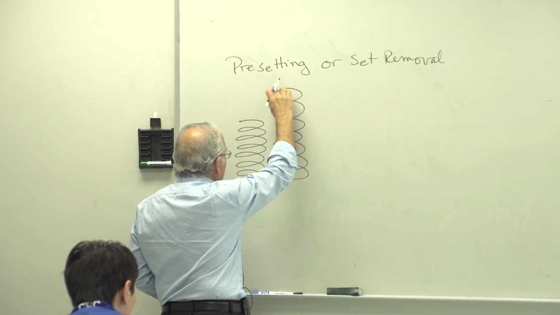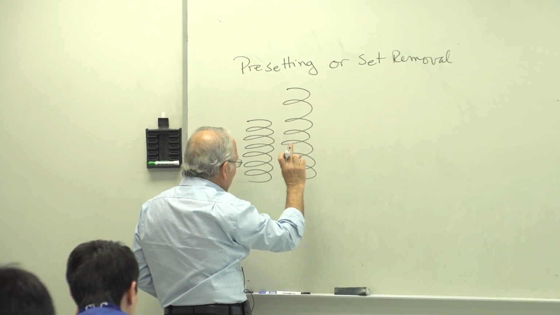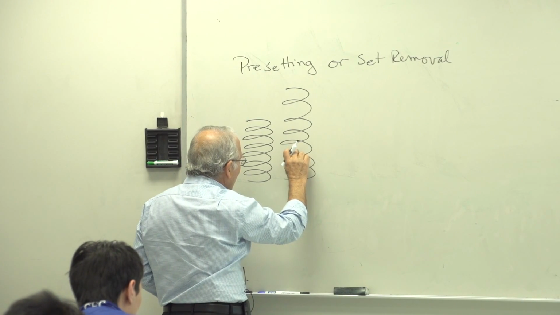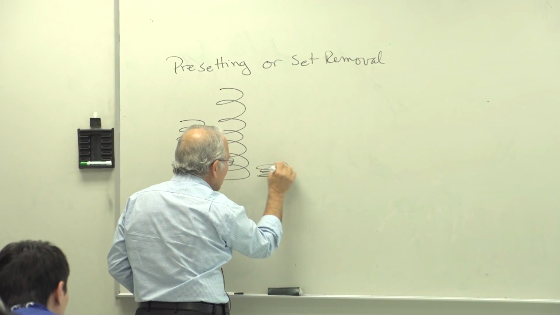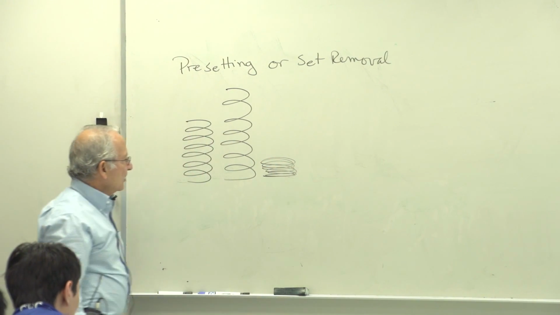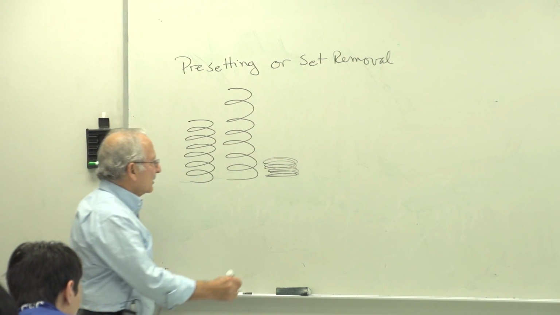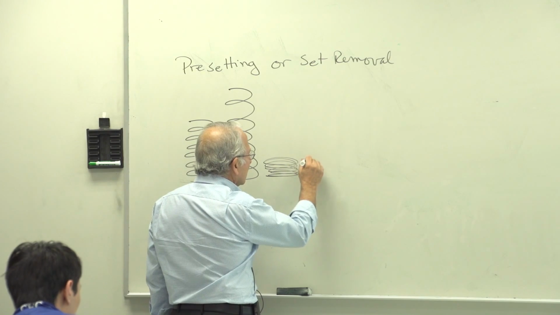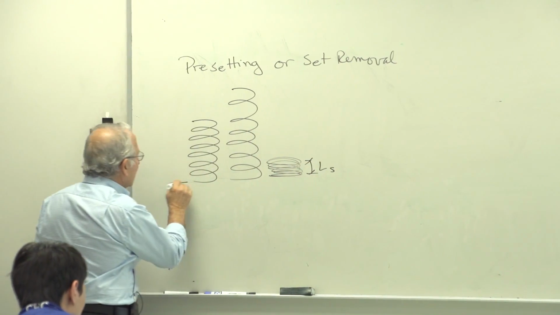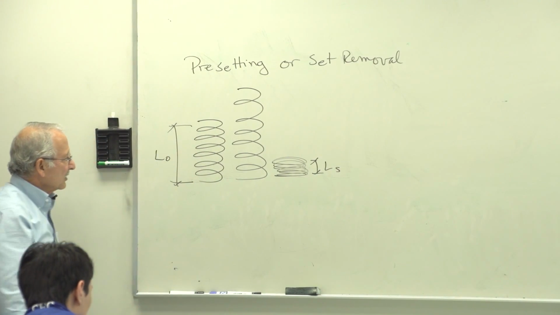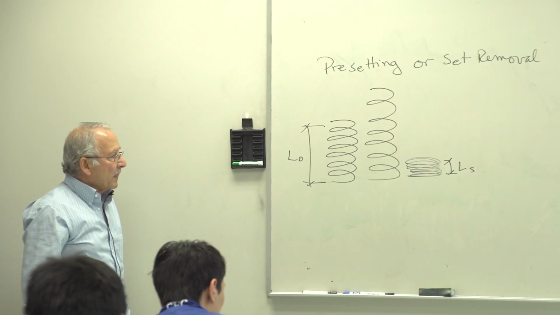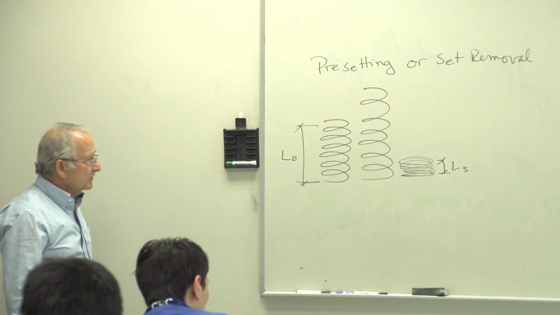You make sure that this yields, but after you take the load off, so you bring this to this shape, in which process this is the solid height. That's the free length, and that's somewhat larger than the free length. We bring it to solid height.